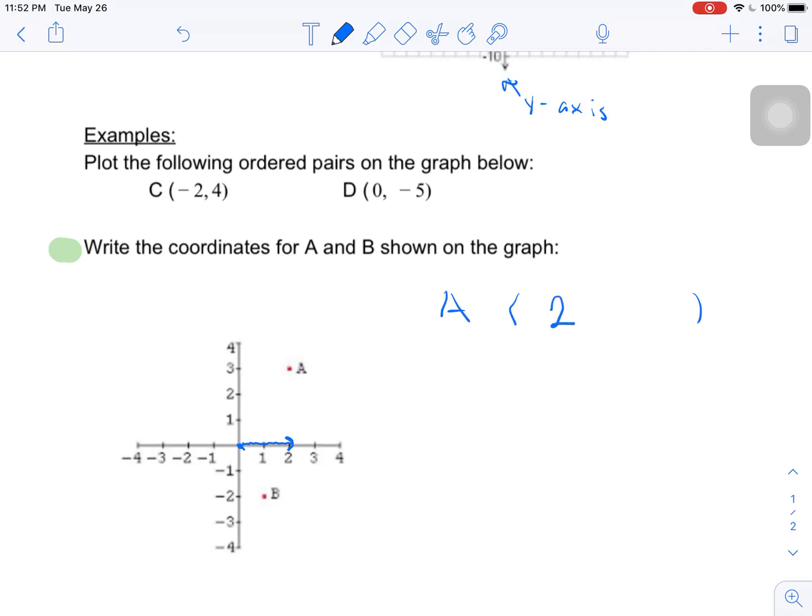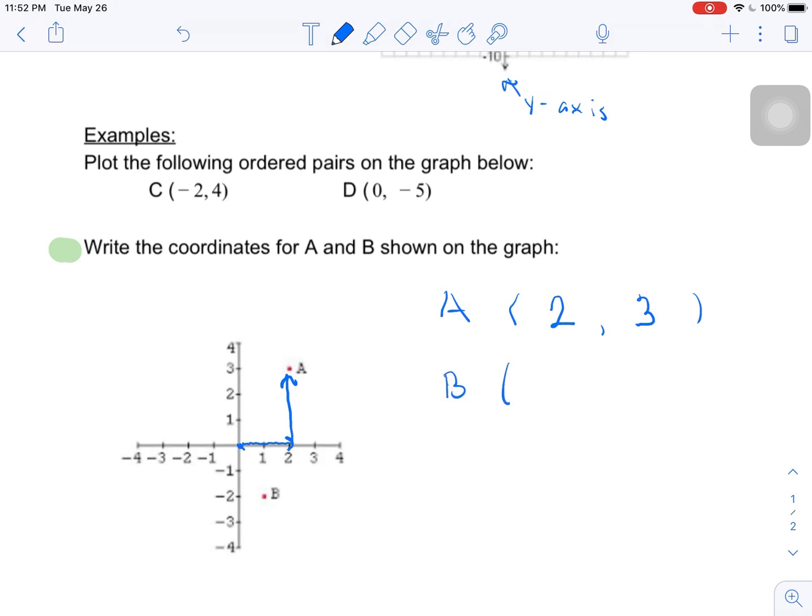So it would be 2 to the right, and then we have to go up 3. So up is positive, down is negative. Think kind of like a thermometer. The higher up you are, the hotter it is. Those are higher numbers. The lower down you are, the colder it is. Those are smaller numbers or negative numbers. So the correct coordinates for A would be 2, 3.